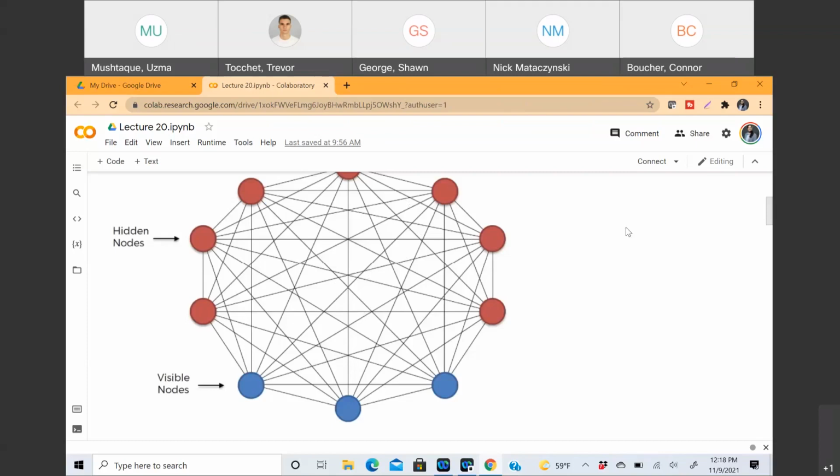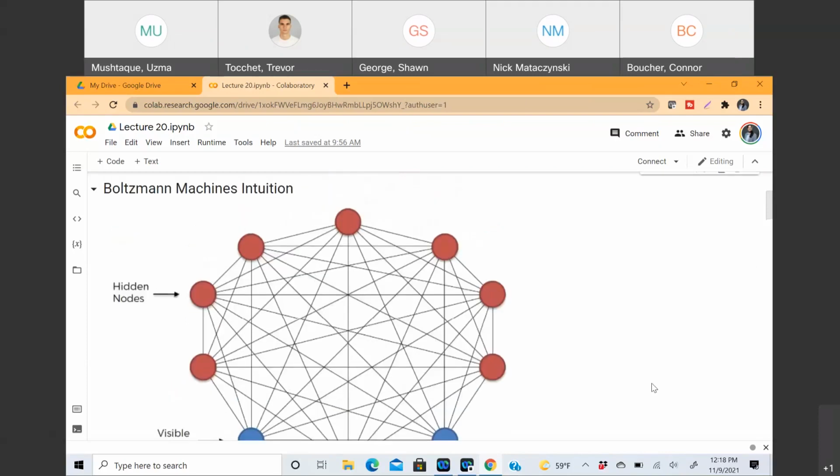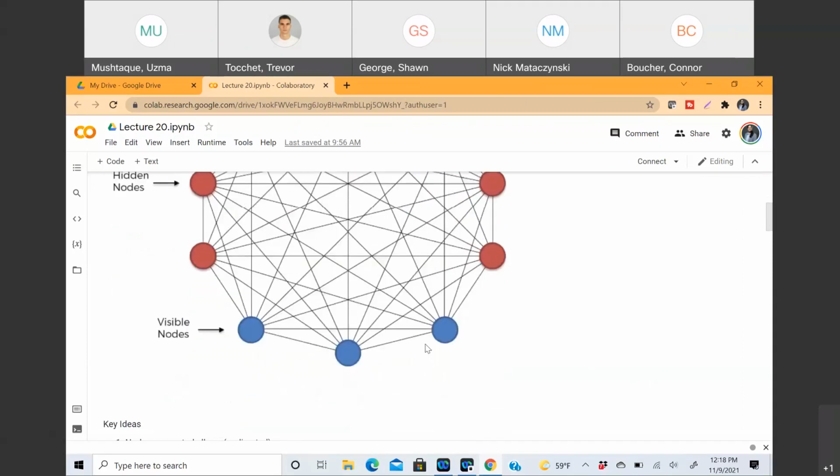So what I can do is make some restrictions to this network. The first restriction is that I can get rid of the connections in between these visible nodes, and of the connections between the hidden nodes. The rest stays the same. Let every node from my input be connected to every one of my hidden nodes, but let's not connect them with each other. And then let's see what happens.